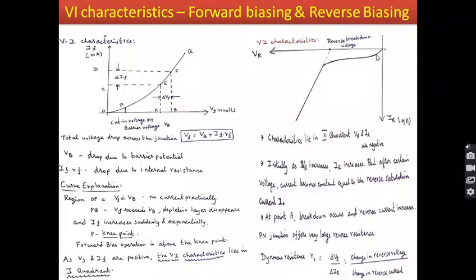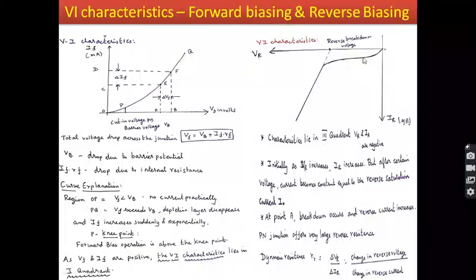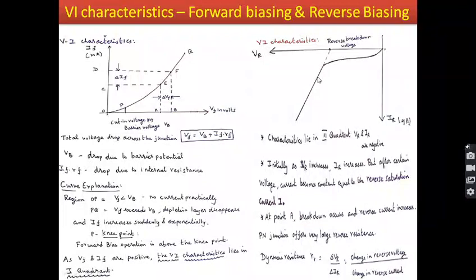Initially, when you increase the reverse voltage, there will be an increase in the reverse current, but for a small duration only. It will soon attain saturation, and this current is called the reverse saturation current. When you further increase the reverse voltage, this current remains almost constant, but only to a particular extent. After a particular voltage called the reverse breakdown voltage, when you further increase the applied voltage, the junction breaks down and the reverse current increases enormously.